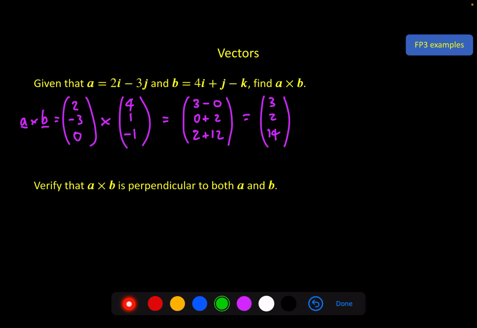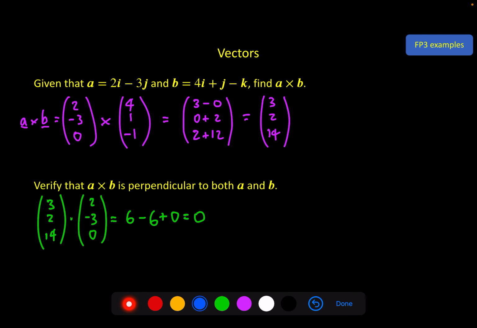So in order to do this, we take the answer (3, 2, 14), do the dot product with a, and this needs to give us 0. So 3 times 2 is 6, plus 2 times minus 3 is minus 6, plus 0 times 14 is 0, so yes, that is perpendicular to a.